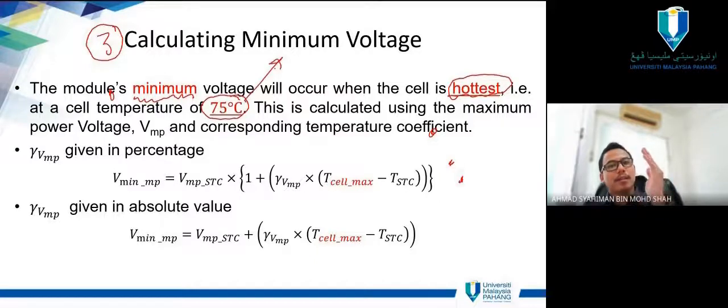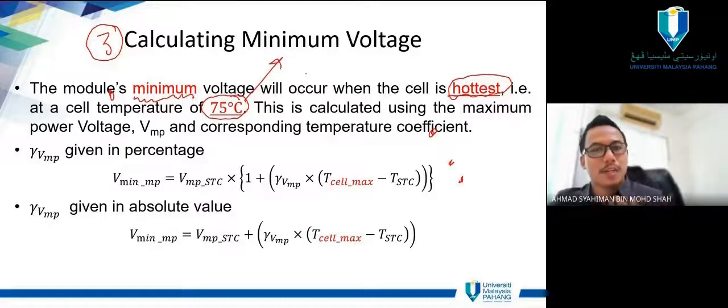Why must 75 degrees C? Trust me, we just follow from the SEDA or the KETA. So they decide for us. Maybe the highest cell temperature recorded in nature in the typical case is 75 degrees C. That's why they put 75 degrees C. Itu bukan ketetapan saya, it's from the SEDA itself.